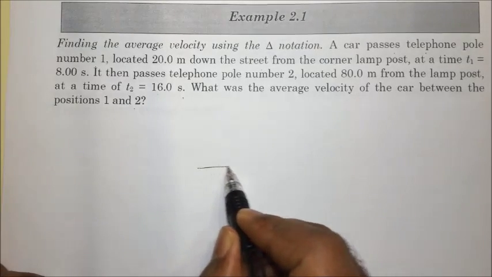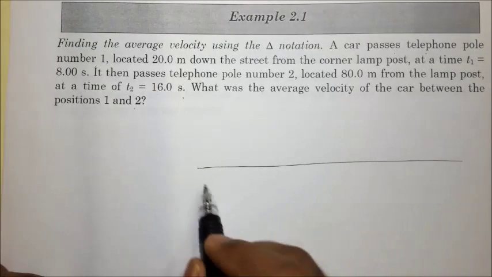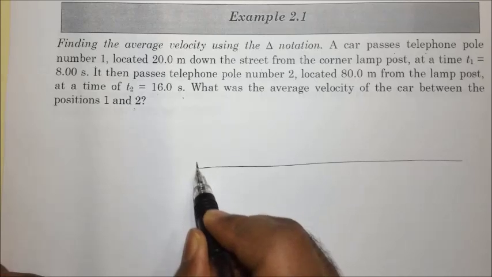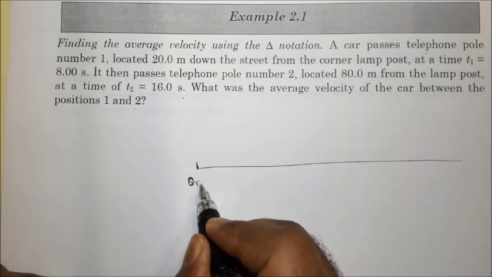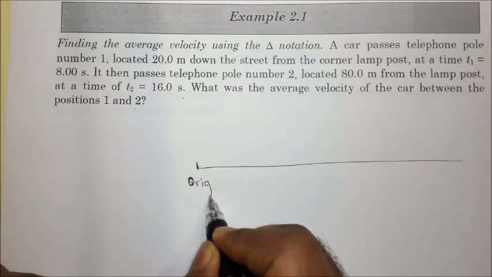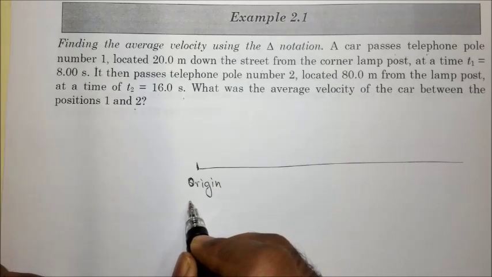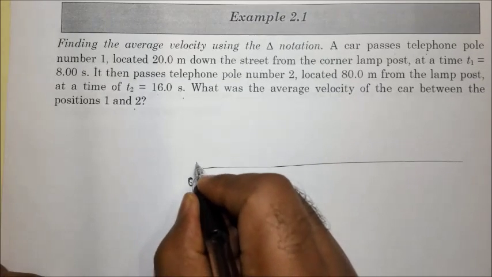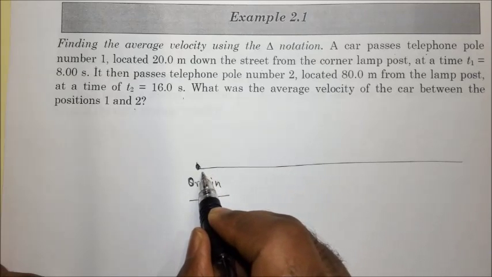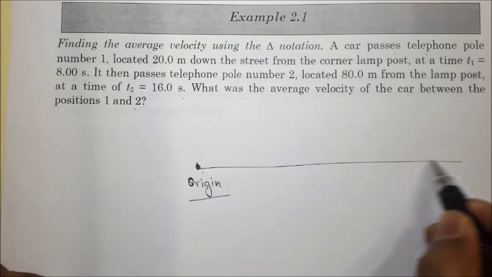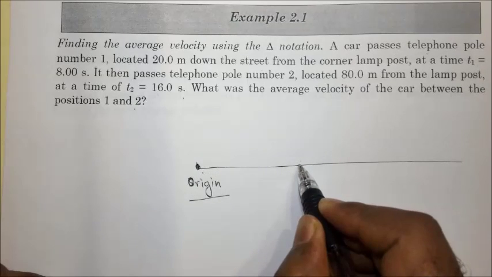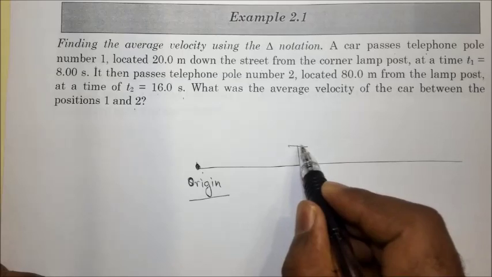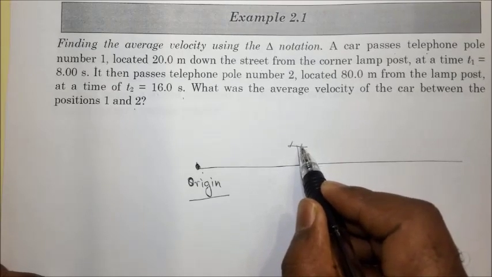So suppose this is the street, and here is your starting point, the origin, and 20 meters from here there is a telephone pole.